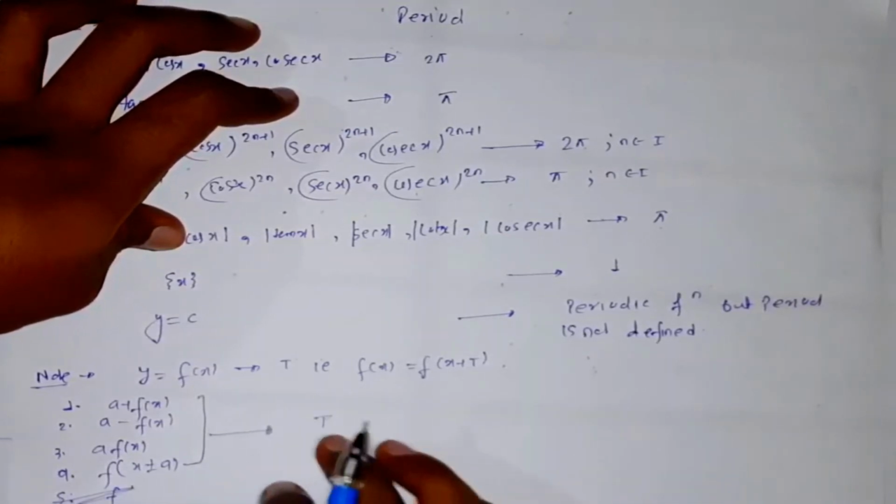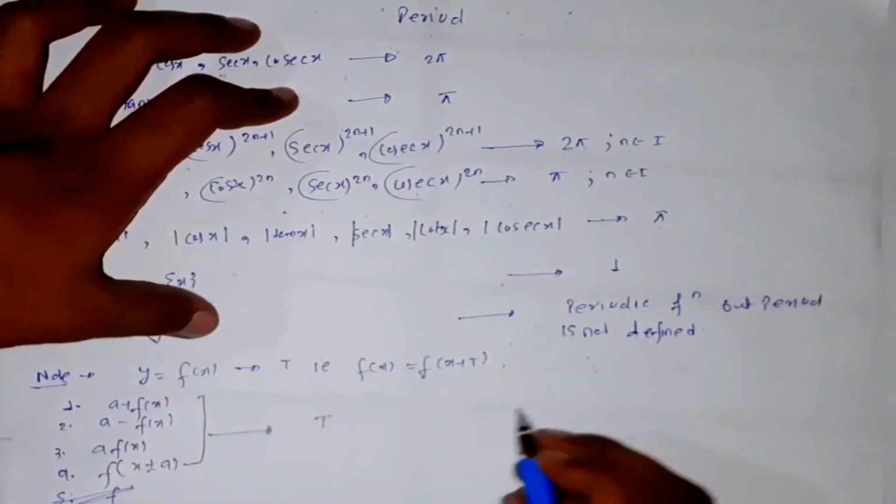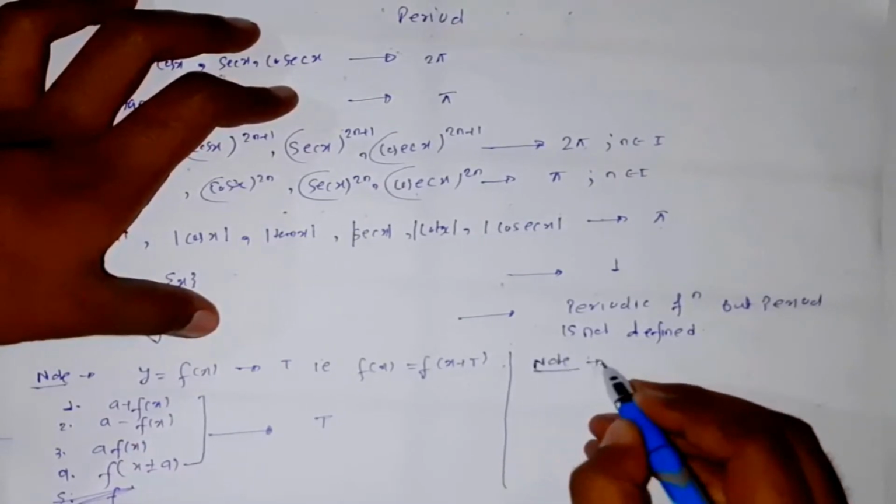Okay, if the period of this function is t, then the period of these types of functions will also be t. Now one more note. These are the notes that you should understand.